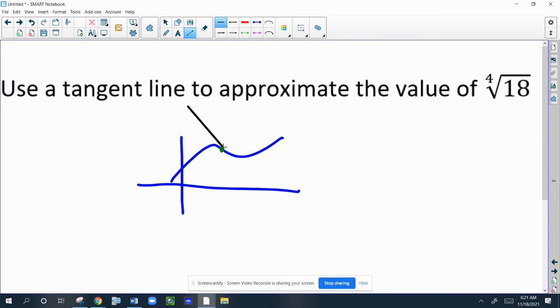So say that's the tangent line. It's not a good one, but I'll make it good. We're going to draw a tangent line to this graph at a point we know, and you'll see what I mean by that in a minute. Then we use the value of the tangent line to approximate the value of the point in question.